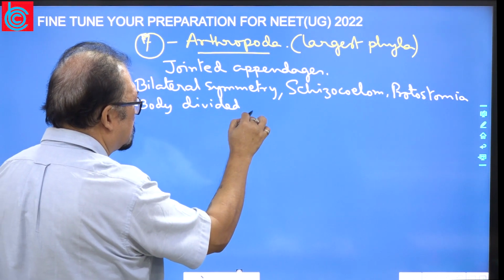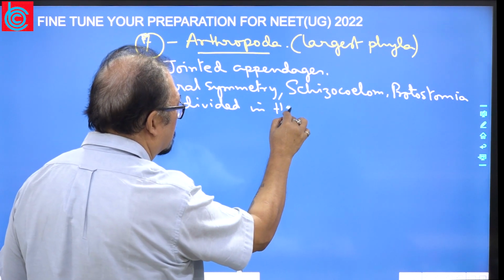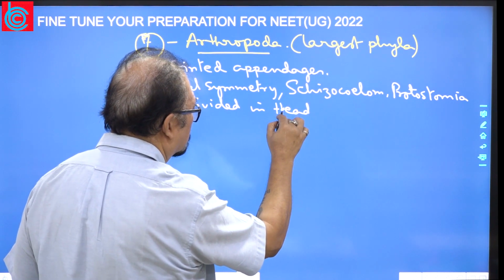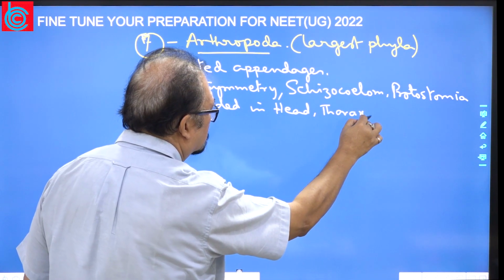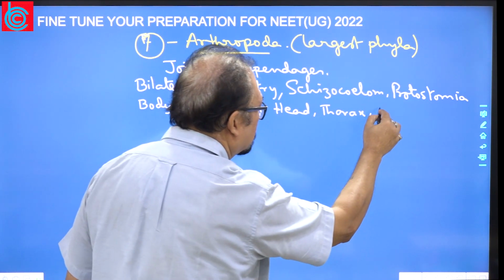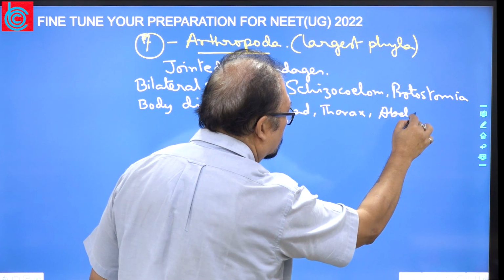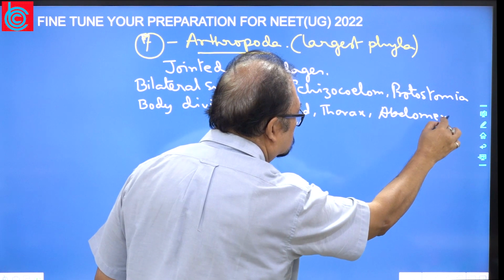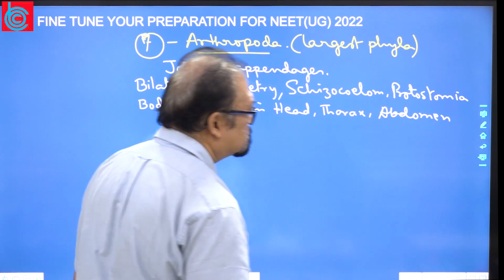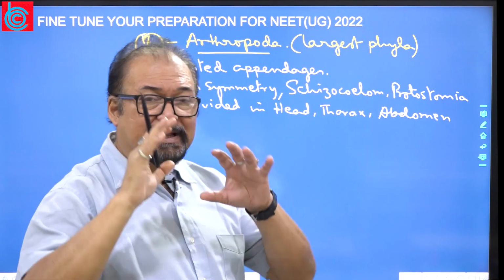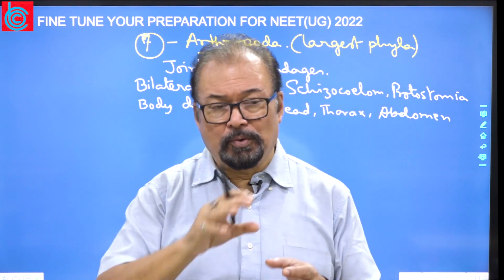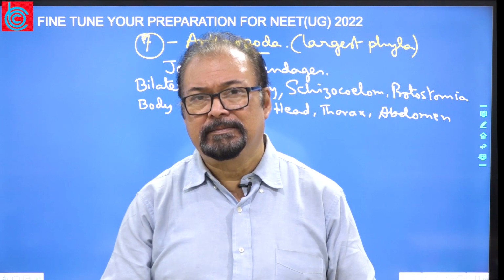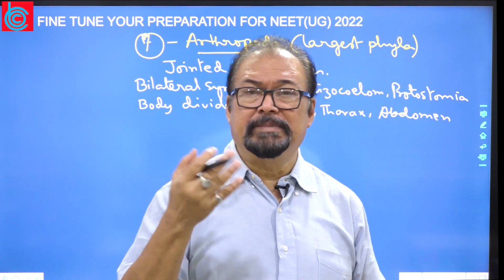Body divided in head, thorax, abdomen. Sometimes the head and the thorax remain fused to form cephalothorax. Only abdomen can be separate. Example, spider.